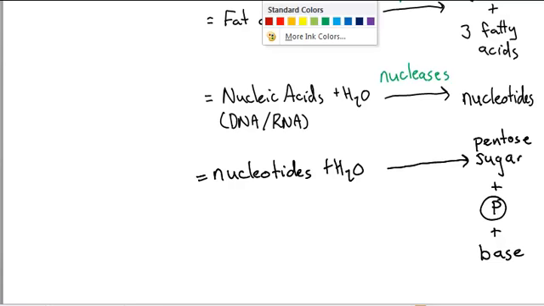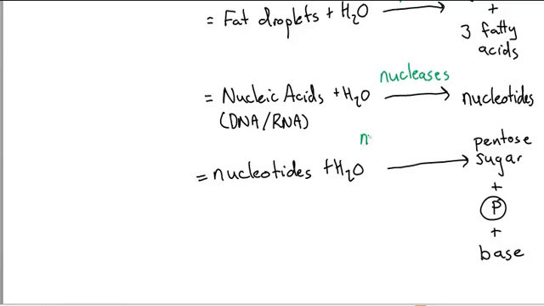And the fancy name for the enzyme that does this, they are called nucleosidases. And those are all the enzymes that we need to concern ourselves with for digestion. There's a lot more specific enzymes, but these are the major classes and what they digest.